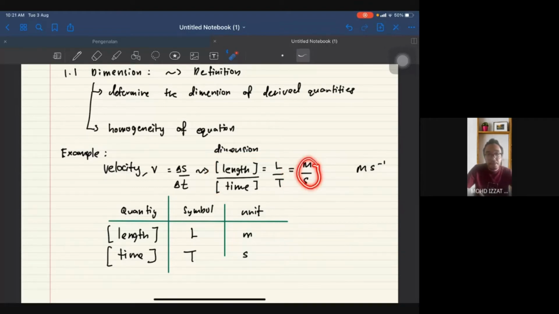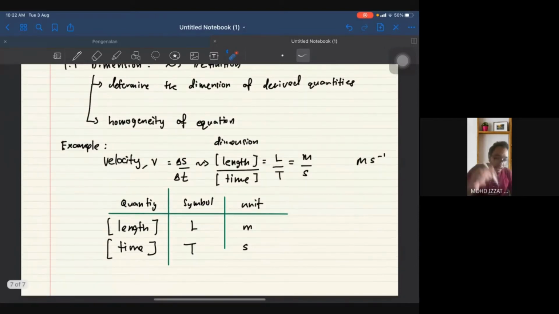Kadang-kadang dalam exam dia suruh cari unit ni. Tapi most of the time dia suruh cari sampai sini je. Okay. Remember, if the question asks you to find the unit for velocity using dimensional analysis, make sure you do this step. You show this step. Walaupun dia simple.